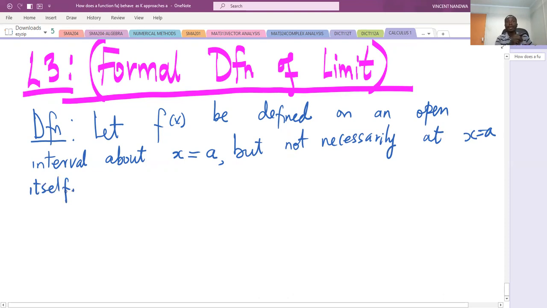So let f of x be a function defined on an open interval about the point x equals a, but not necessarily that the function must be defined at the point a itself.